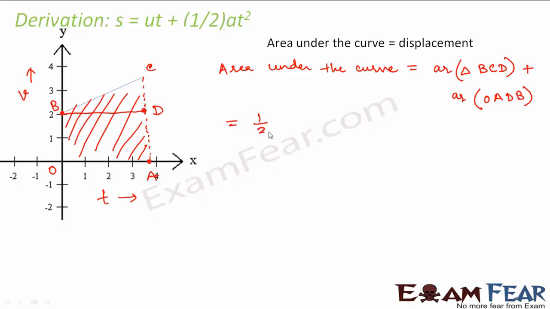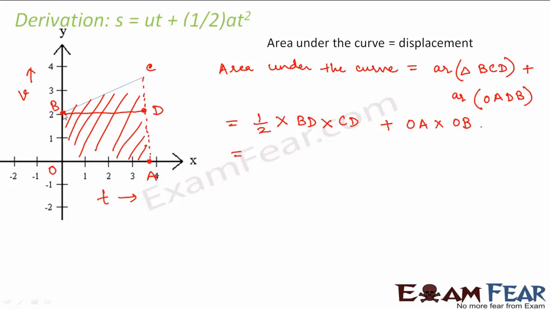That is half into base into height. So for BCD, what is the base? Base is BD, right? So this would be half into BD into height. Height is CD, right? Plus area of the rectangle. So this will be length into breadth. That is equal to OA into OB.